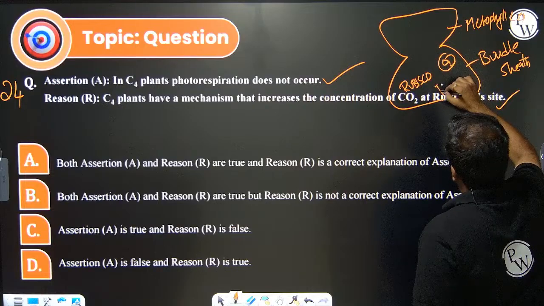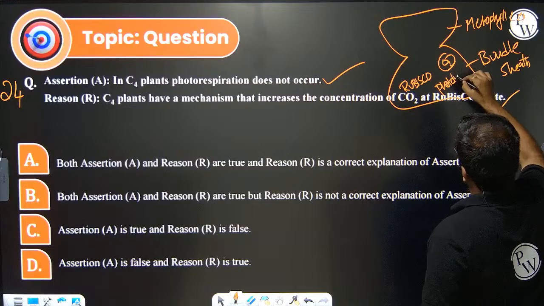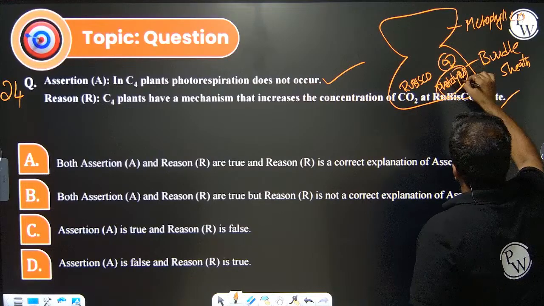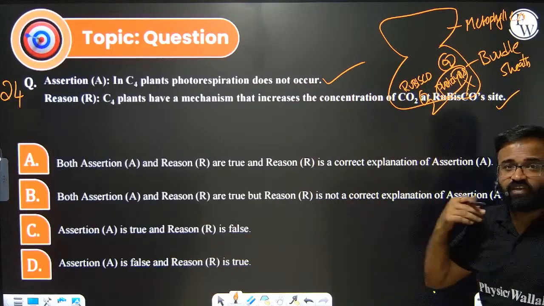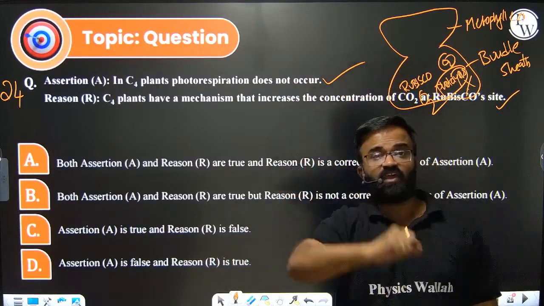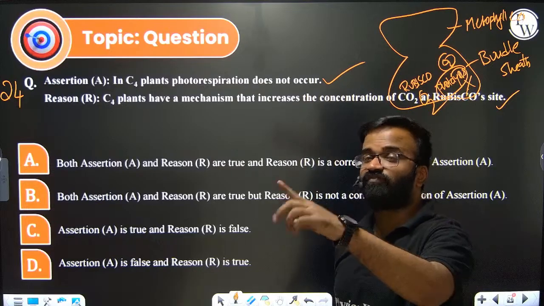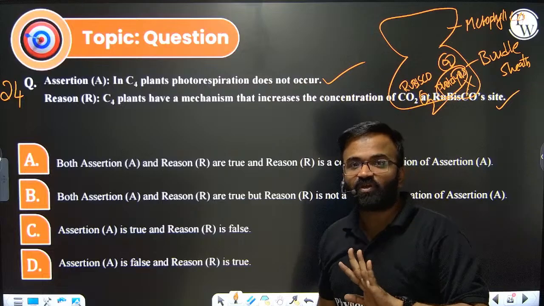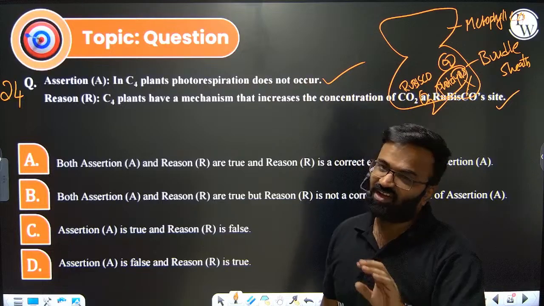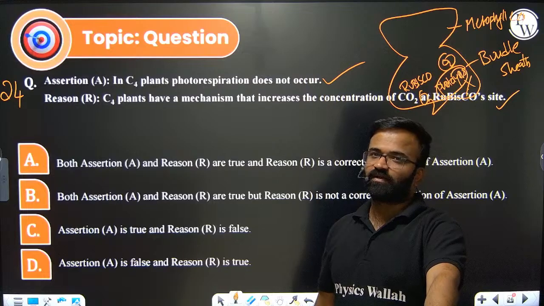Photolysis does not happen here. So if photolysis is not happening in bundle sheath cells, there won't be release of oxygen. If there is no oxygen, rubisco is safe.